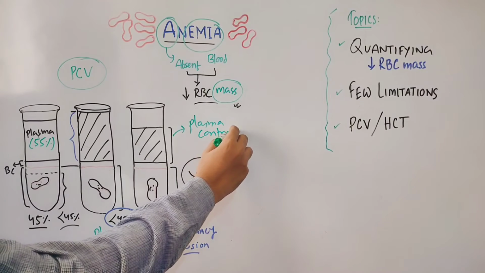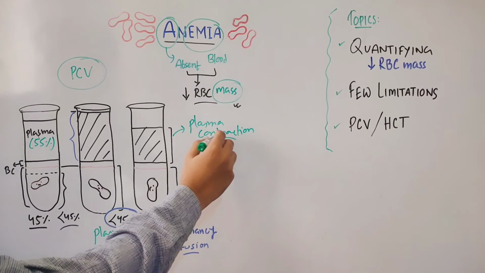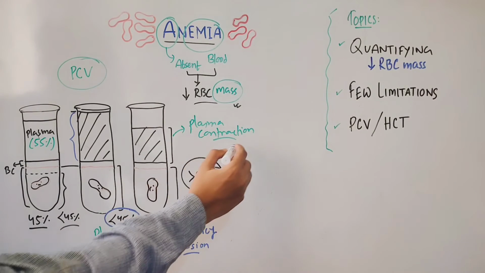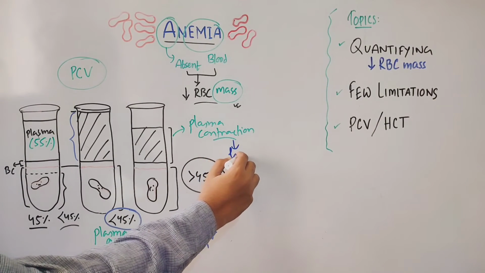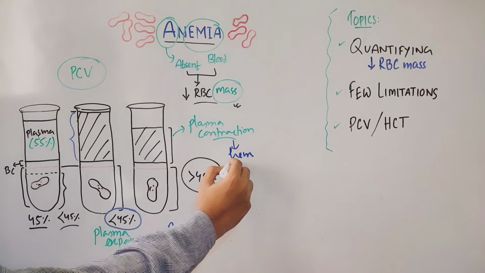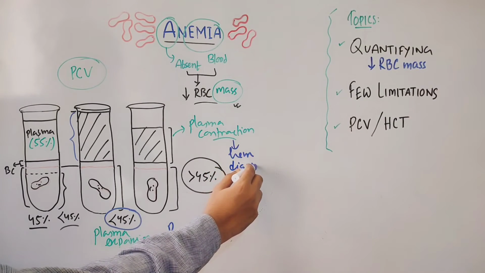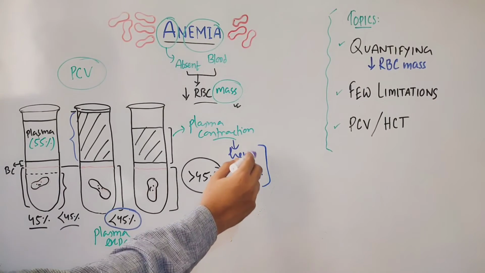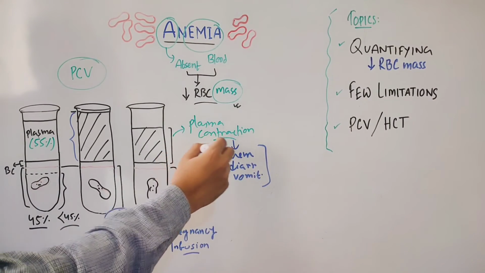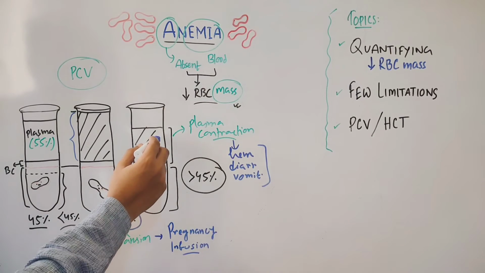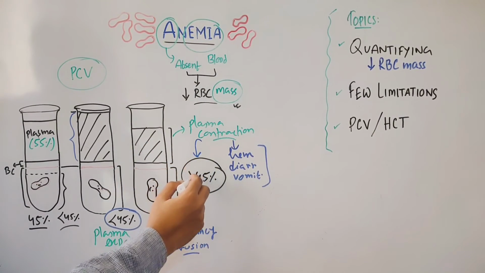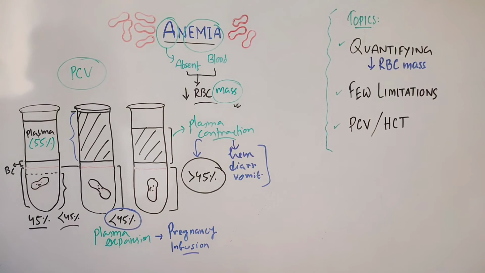So that means plasma is not in the normal range. Plasma has been reduced. Why will it happen? Well, very easily we can think that if there is hemorrhage, or severe diarrhea, or vomiting, any of these reasons where there is plasma loss, we can say there is plasma contraction, and with respect to a contracted amount of plasma, we get a false value of raised hematocrit, which is not significant clinically at all.